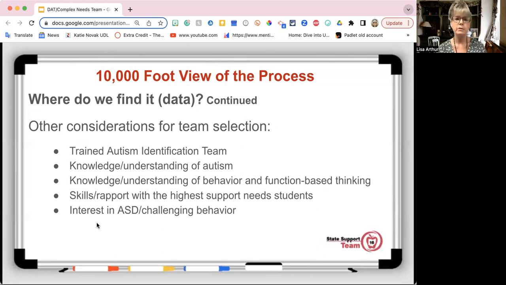Think about those individuals who might have knowledge, understanding, or experience with learners with autism. Those who are knowledgeable and have great understanding of behavior and function-based thinking. Think about those individuals who just have those natural skills, rapport building, and abilities when it comes to those kids who have the highest support needs or challenging behavior. And also those who just have a natural interest or curiosity about autism.